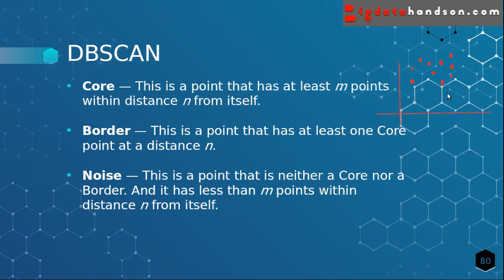Now using the epsilon value, it tries to create a circle.